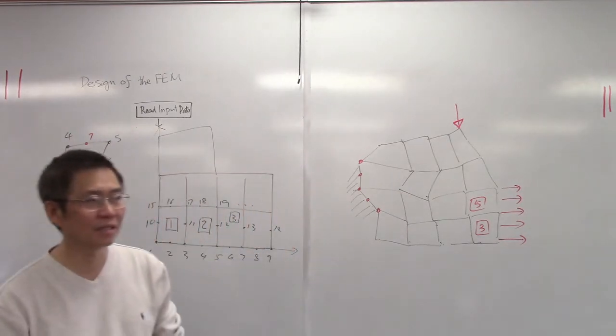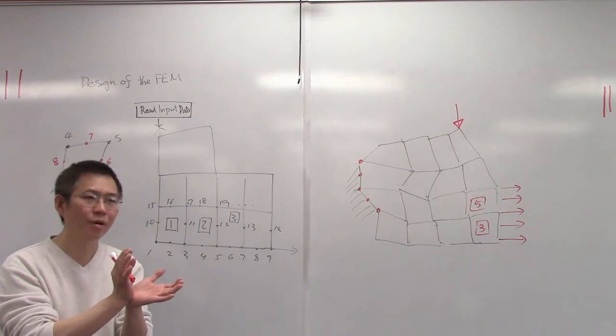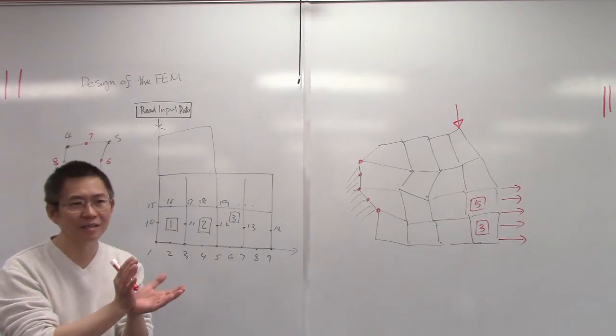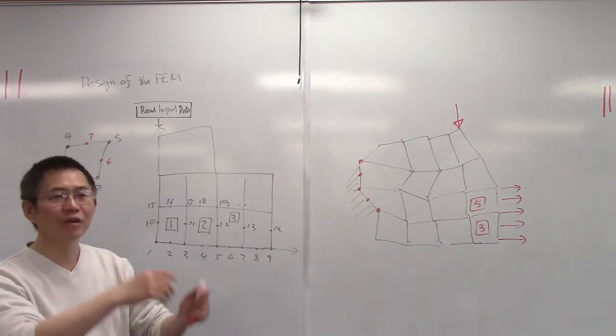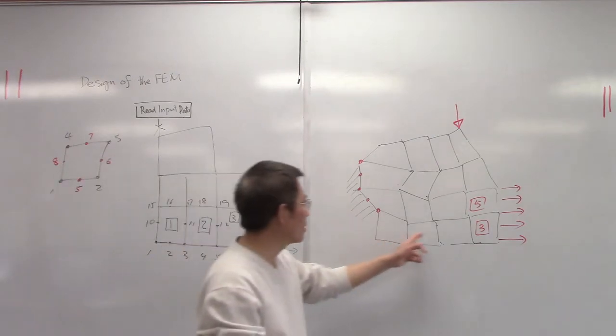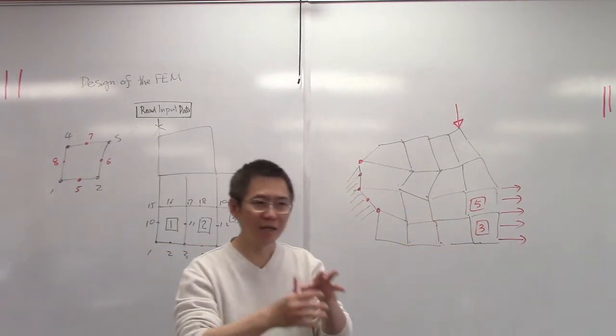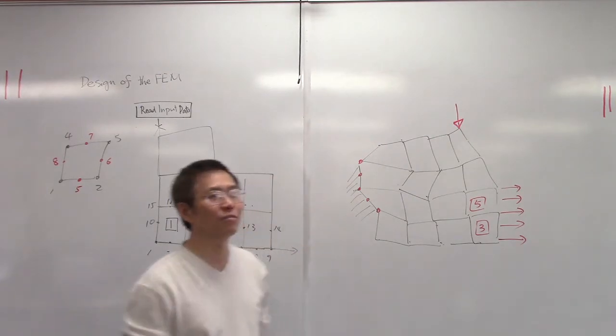But the good thing is that for element stiffness, the approach is standardized. Any element will go through the same procedure. So we will essentially have a for loop that loops through all the elements. And for a generic element I, we will calculate its stiffness matrix.